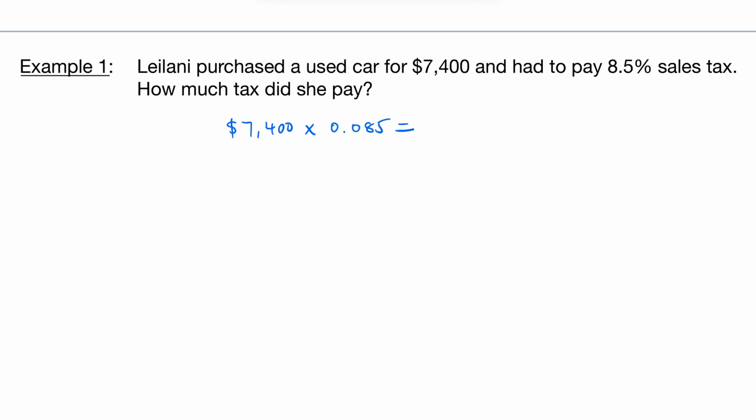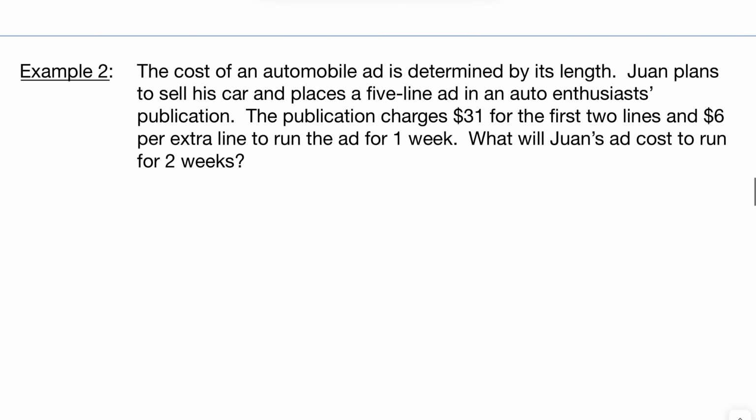When we punch this in the calculator, we get $629, okay? So that is how much Leilani would pay in taxes. So this is on top of the price of the car.